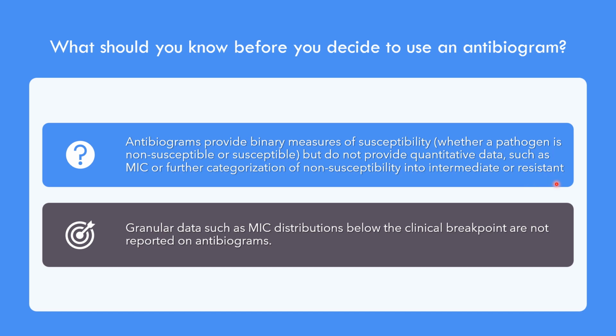What you have is the percentage of the susceptible only, without the MIC. Also, granular data such as MIC distributions below the clinical breakpoints are not reported on the antibiogram. So you also will not find the MICs that are below the clinical breakpoint.